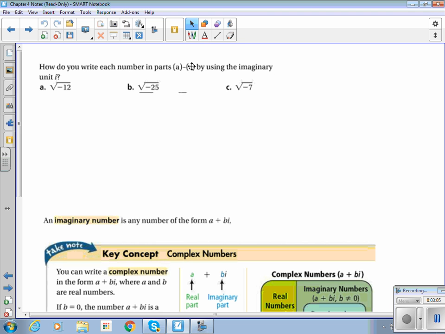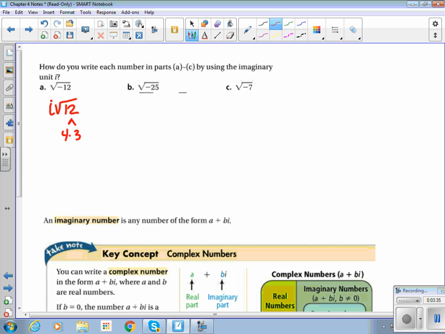So we're going to do these, guys. How do you write each number using imaginary numbers? So the square root of -12. Well, for sure, I know I can say that this is i times the square root of 12. And we're going to do a little rational number review, because I know that there is a perfect square that lives inside of 12.